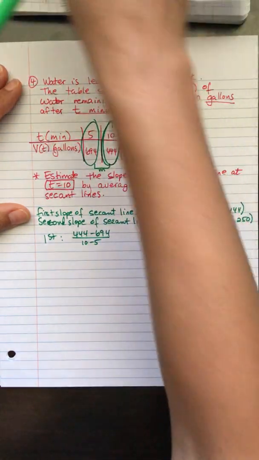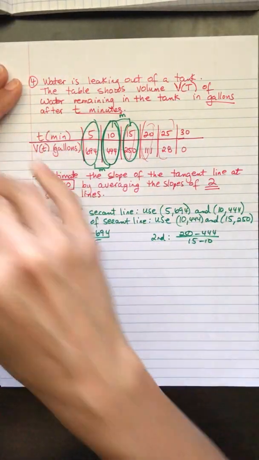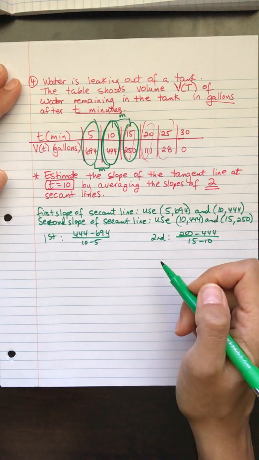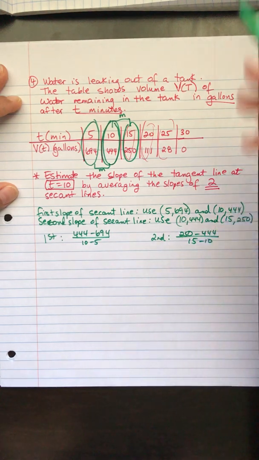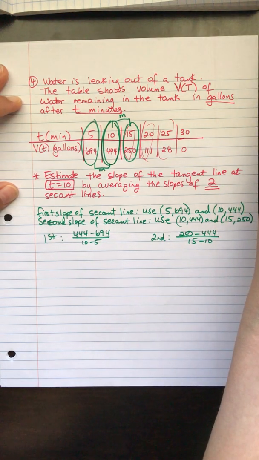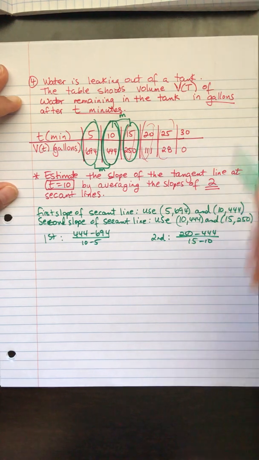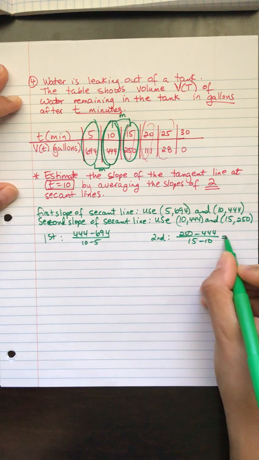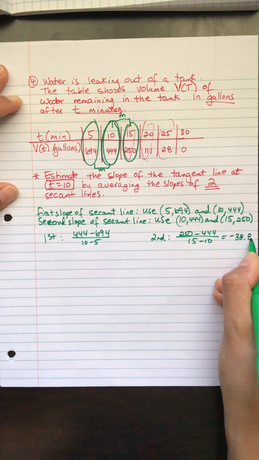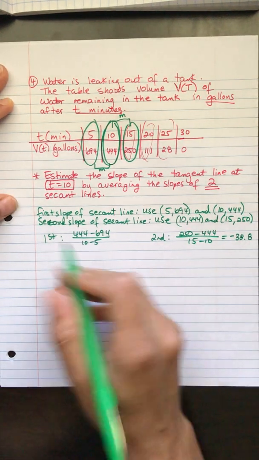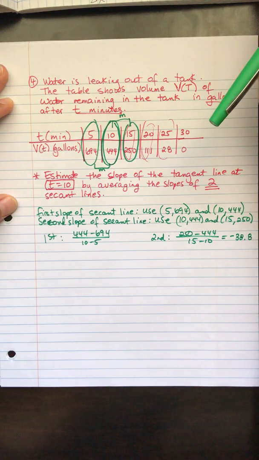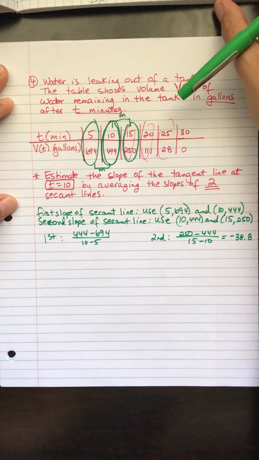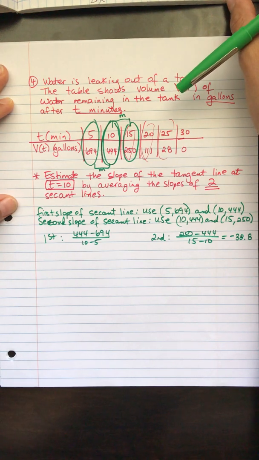And did I do these calculations already? Let me see so that I can show you the answers. Give me a minute. I'm looking at my other notes that I did for you. 15 and 10. Okay, so this one gives us negative 38.8. And did I do this one? Let me see. I did not do this one.